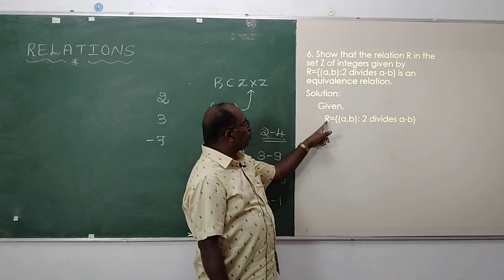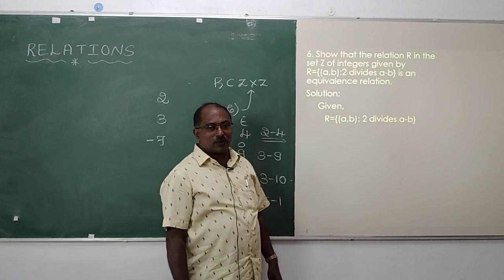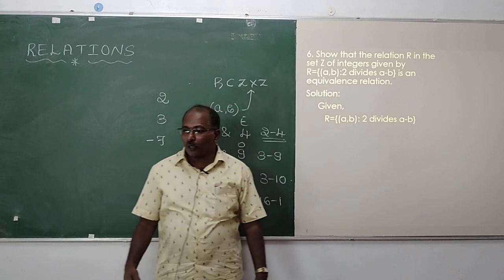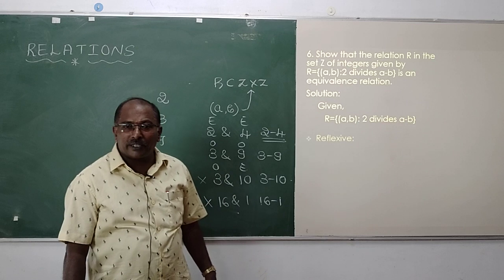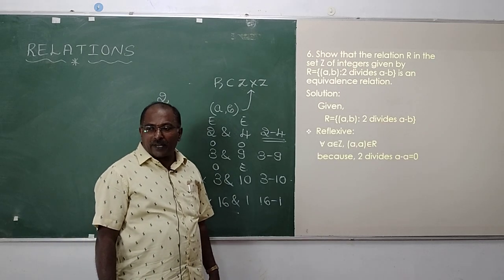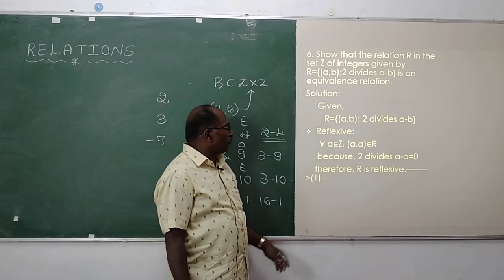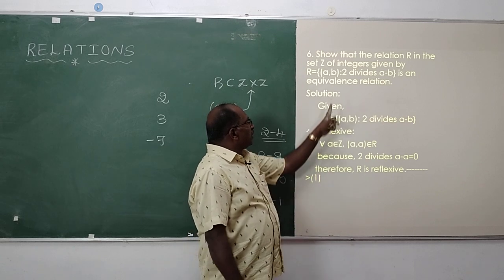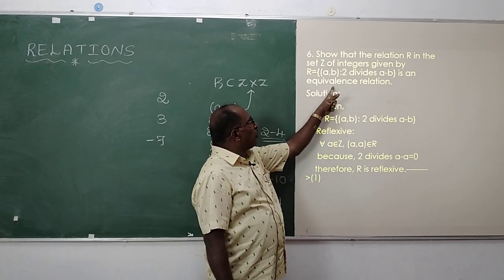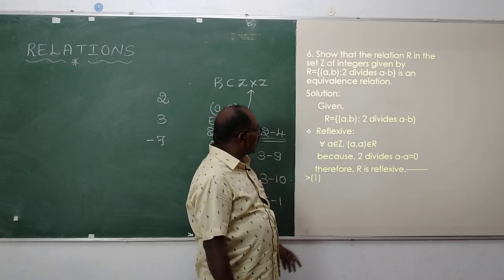Means we have to prove R is reflexive, symmetric and transitive. Now shall we determine whether R is reflexive or not reflexive. Students, here we have to show that R is reflexive because we have to prove R is an equivalence relation.